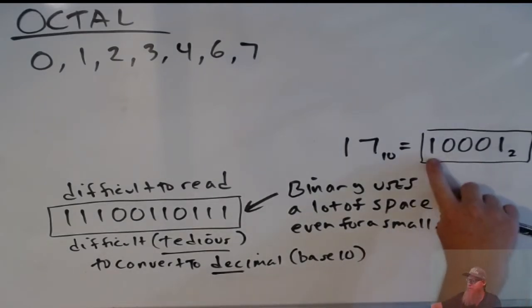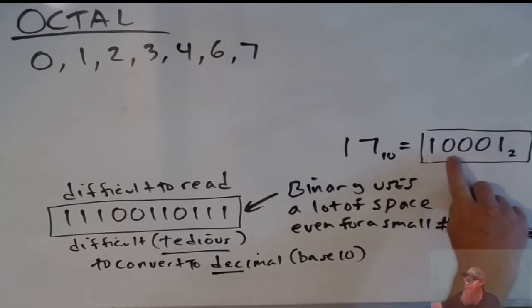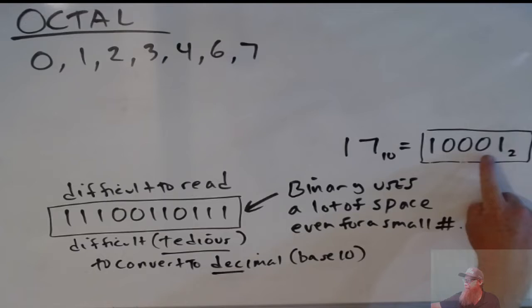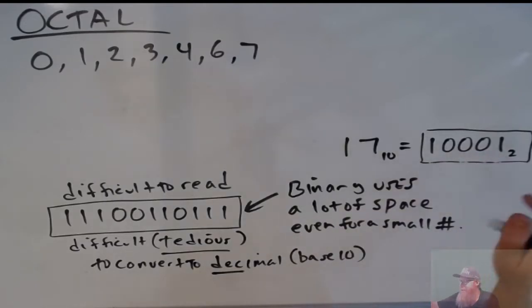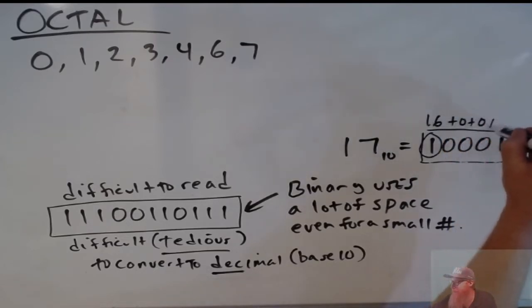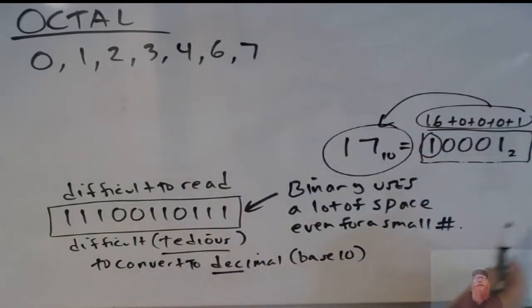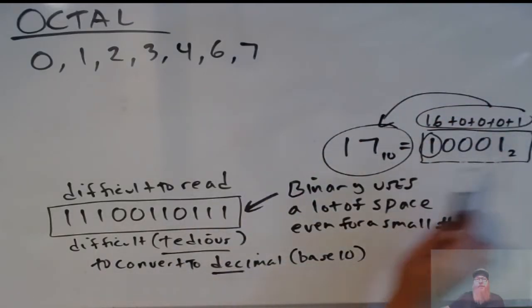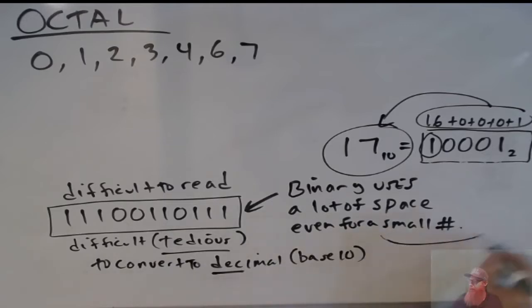This would mean 1 times 2 to the 4th, that'd be 16, plus 0 times 2 to the 3rd, plus 0 times 2 squared, plus 0 times 2, and then plus 1. So this basically means 16 plus 0 plus 0 plus 0 plus 1, and that's how it converts into 17. But still, it takes up a lot of space to write even a small number like 17.